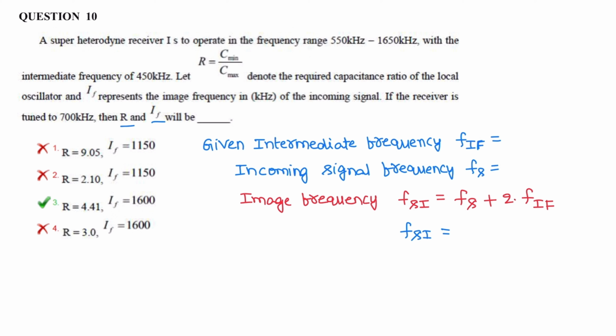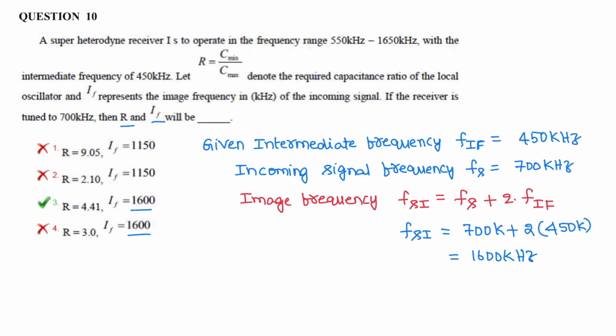Given intermediate frequency is 450 kHz and the incoming signal frequency is 700 kHz. Image frequency is the incoming signal frequency, 700 kHz, plus 2 times the intermediate frequency 450 kHz, that is 700 plus 900, 1600 kHz. So image frequency is 1600 kHz, options C and D.